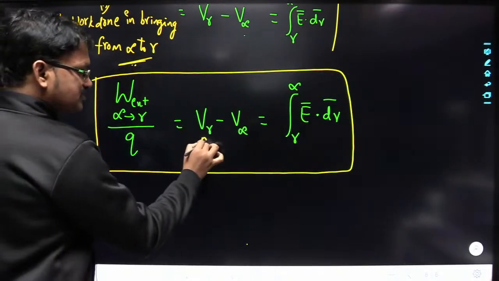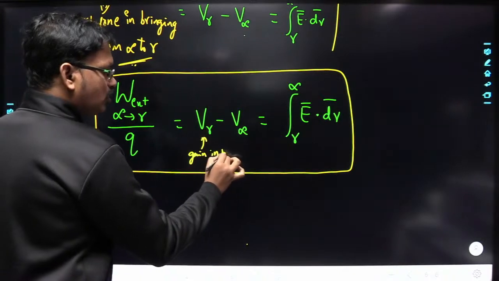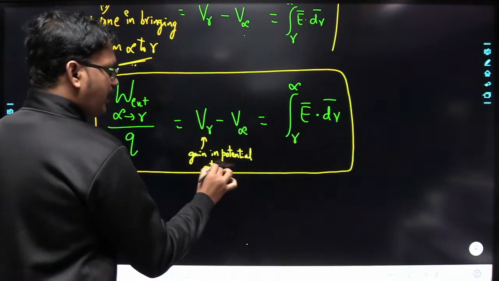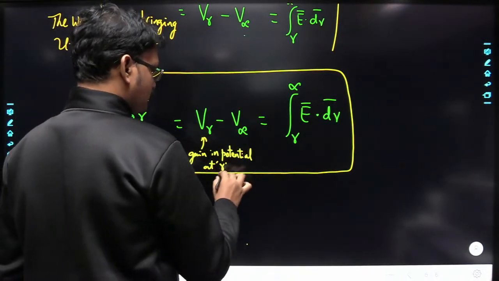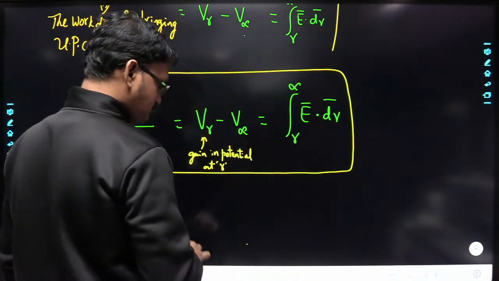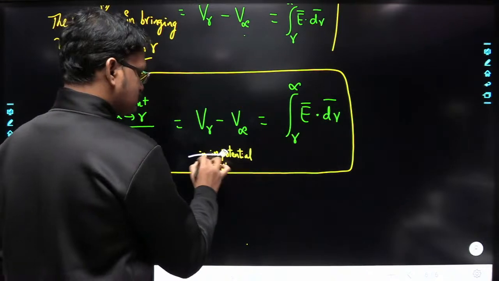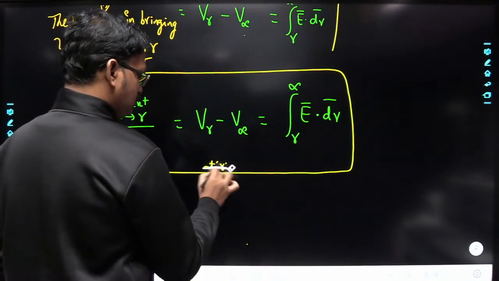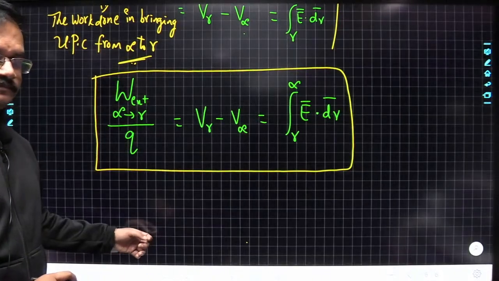So VR represents gain in potential at R. First of all, let me know, up till here is everything clear?